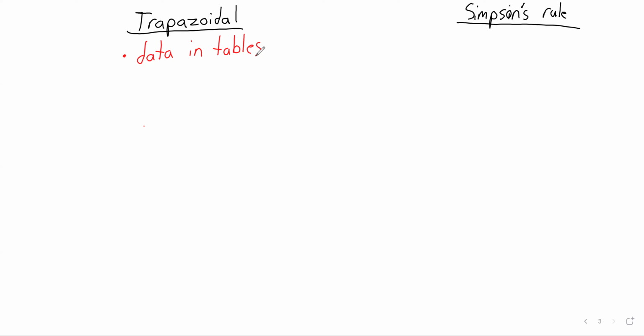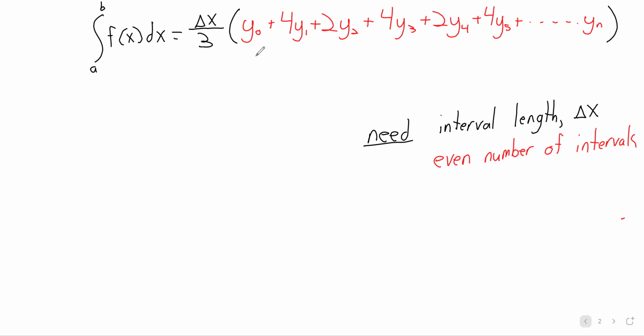That's not true of the midpoint rule. It's not true of Simpson's rule. That's where this requirement bites us. If we can't control what the data on the table is, then we can't use Simpson's rule because Simpson's rule has these requirements.